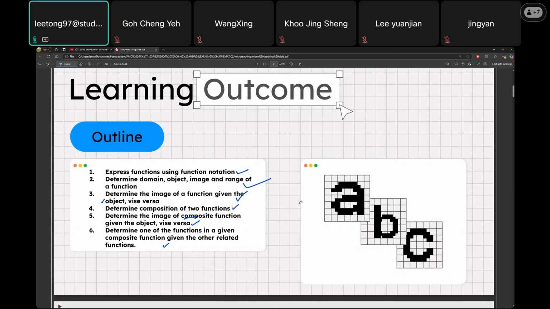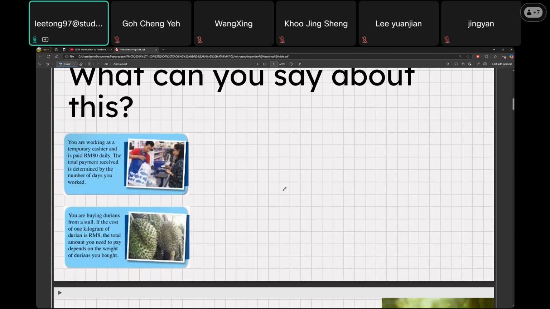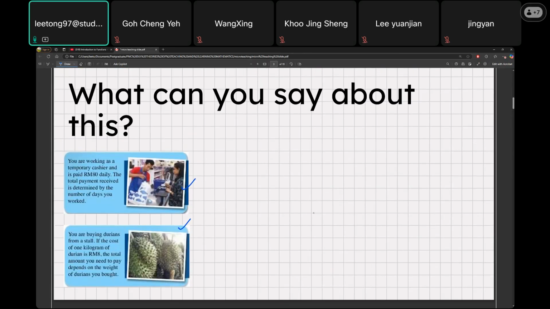Okay. After the video, these two photos are from your textbook. From these two texts, what can you say about this? You are working as a temporary cashier and are paid 80 ringgit daily. The total payment received is determined by the number of days you work.